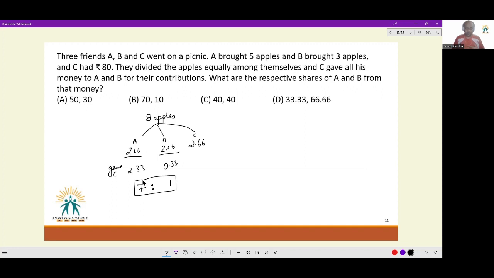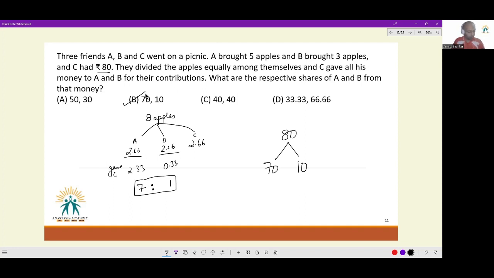In terms of the number of apples that they have given to C, the ratio is 7:1. Because the ratio is 7:1, of the 80 rupees that C brings in, A will get 70 rupees, B will get 10 rupees. And the answer to the question is option B.